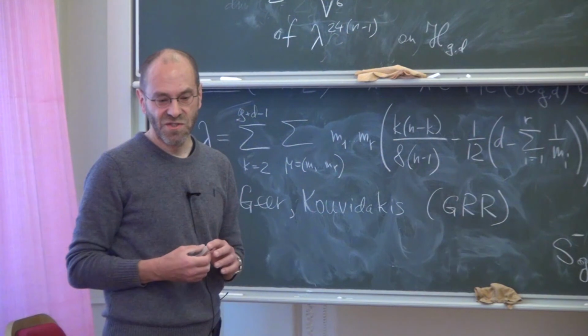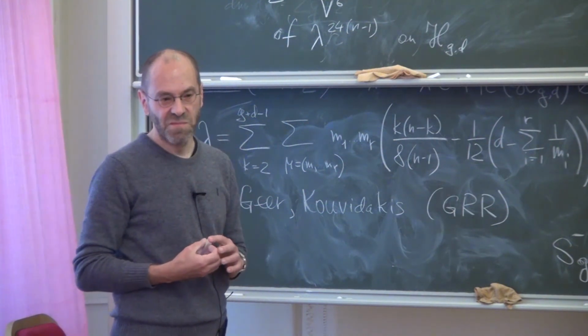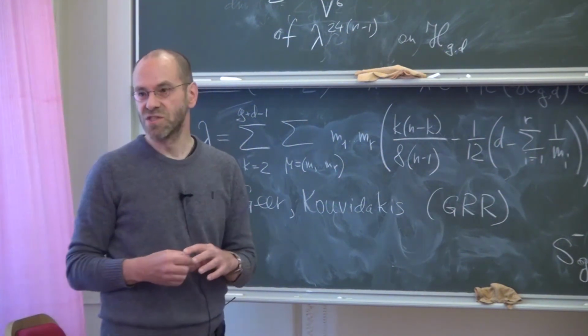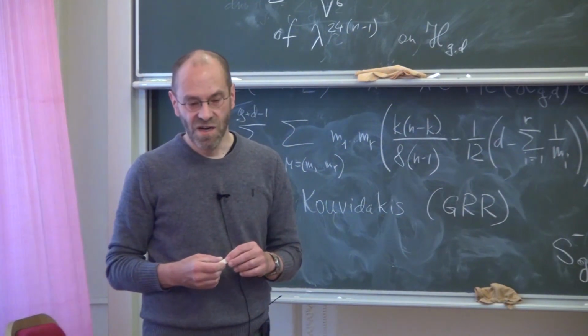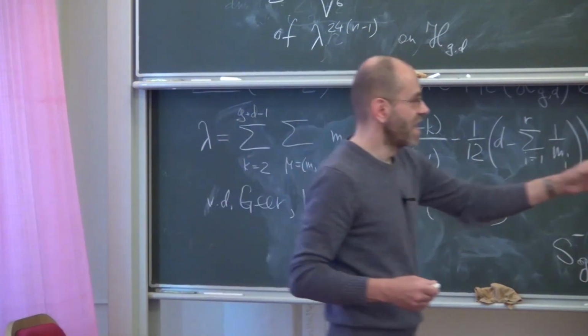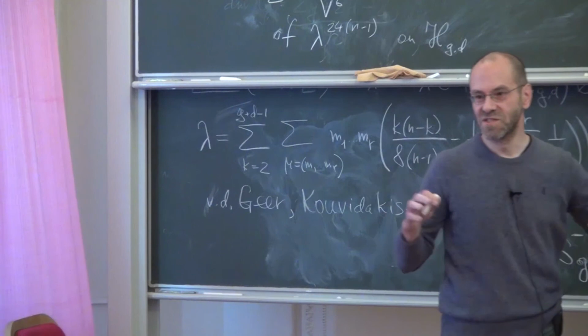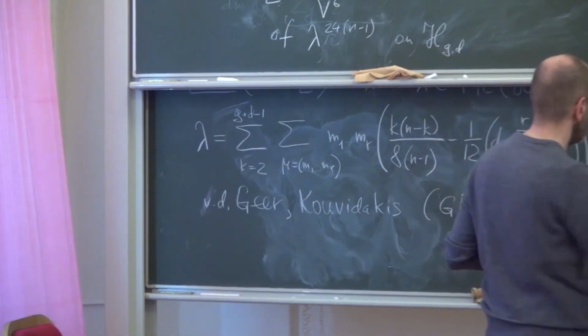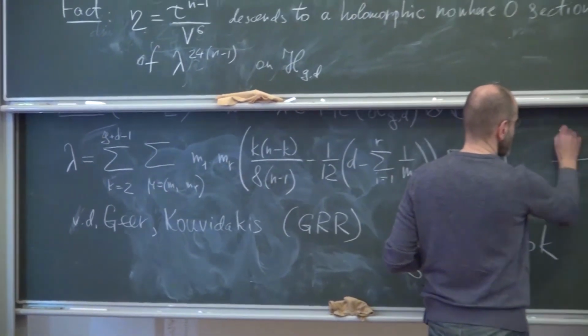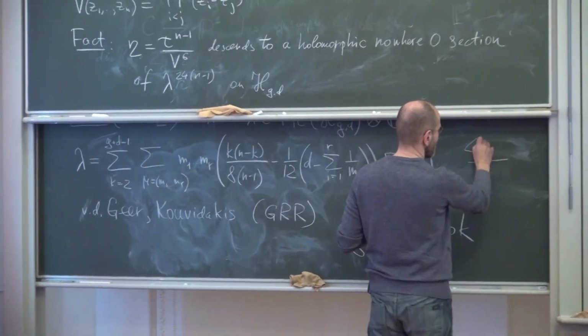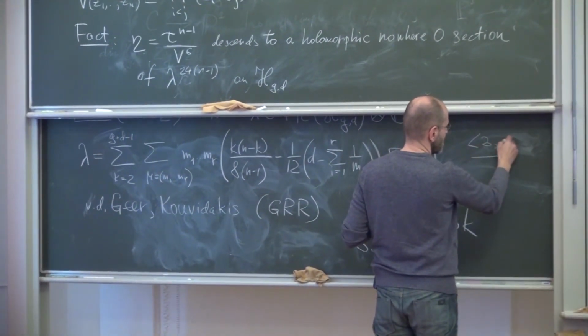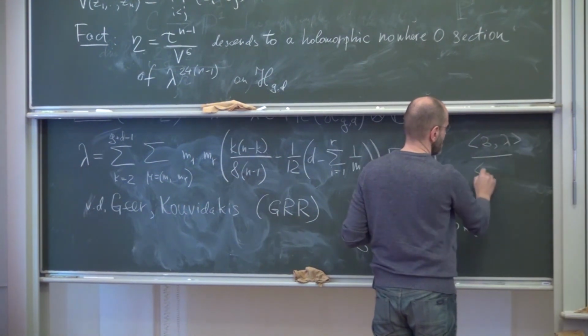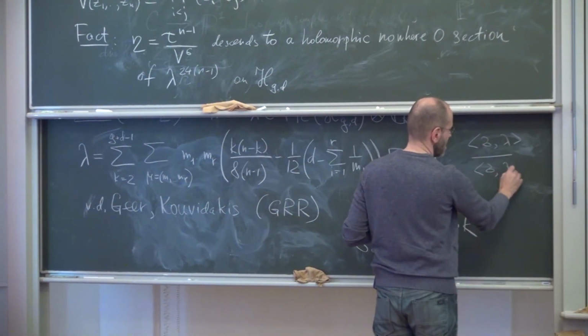Kontsevich and Zorich wrote this number as a ratio of two intersection numbers, which involve lambda, psi, and one mysterious class. So the ratio is of the form: the mysterious class sigma with lambda over the class sigma with psi.